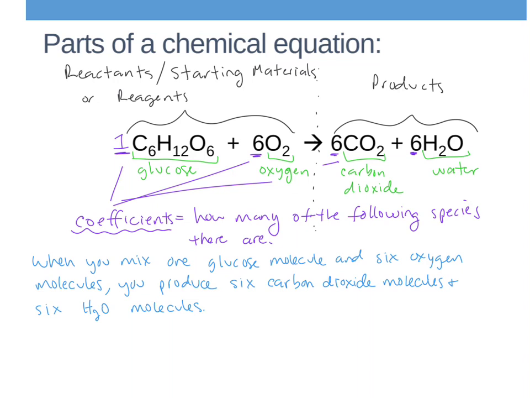And so another way that you can read this sentence, I'm not going to rewrite this all out, but I'll put it in parentheses here in red, is when you mix 1 mole of glucose molecules and 6 moles of oxygen, you produce 6 moles of carbon dioxide and 6 moles of water. And that is a much more representative size.